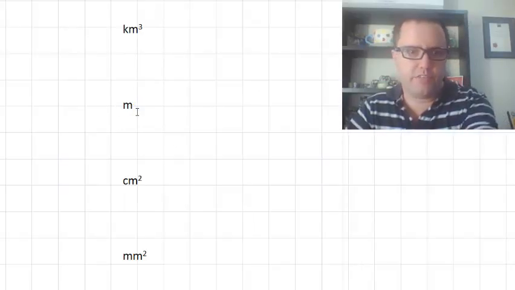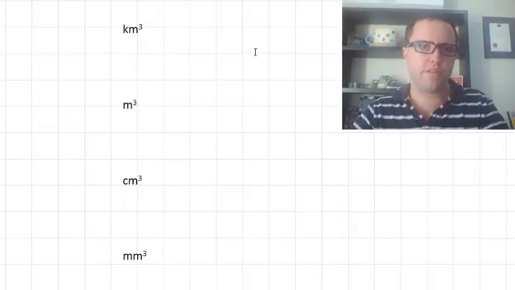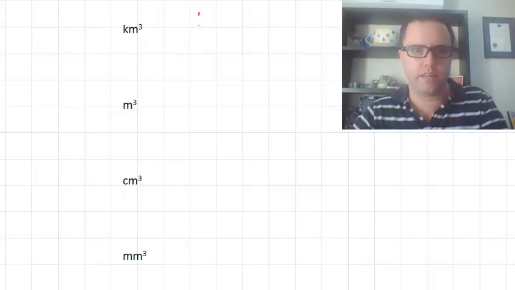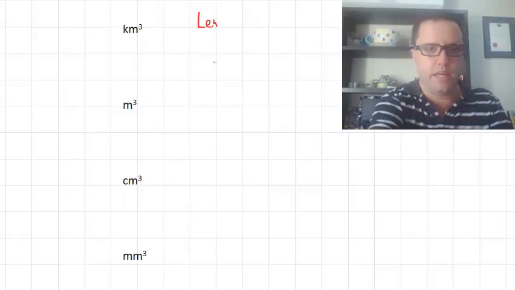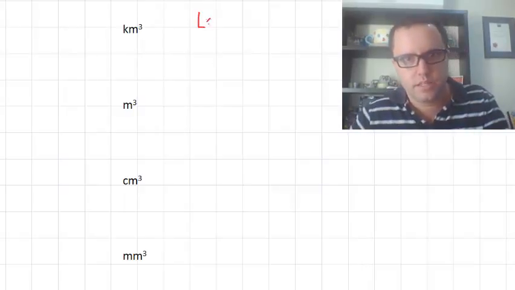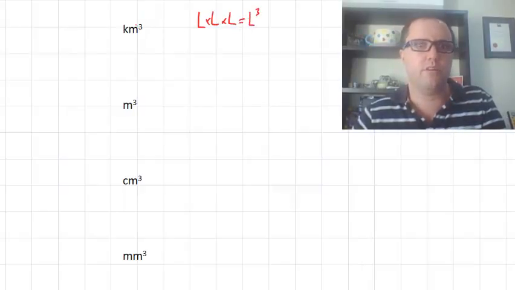Because we have 3 dimensions, it means that we've got to have our cubed up here because it's a length times a length times a length, so that means we're going to have a length cubed. All right, so that's why we've got kilometers cubed here.